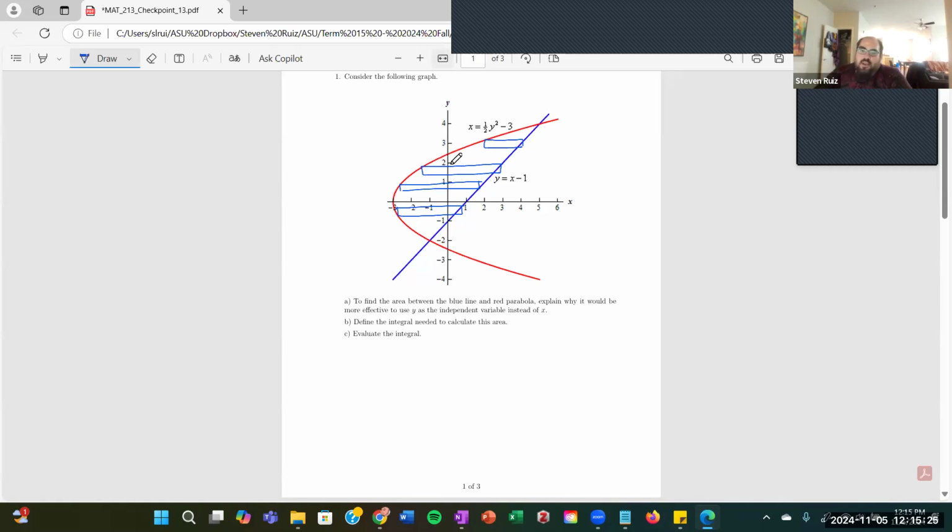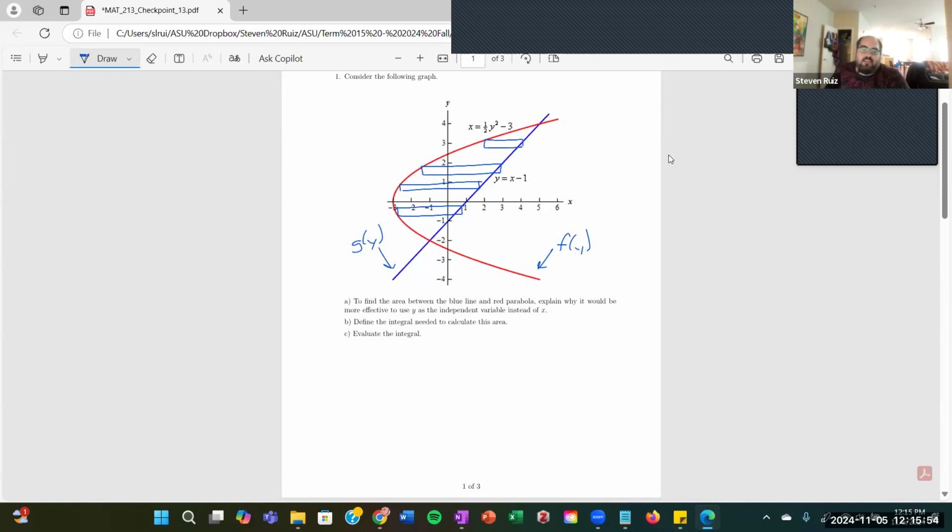There are lots of ways to describe that, but that's one example of how to justify why using y as your independent variable is probably a better choice. So now that we have that, let me give names to these things. I will call the red parabola f of y, and I will call the blue line g of y.